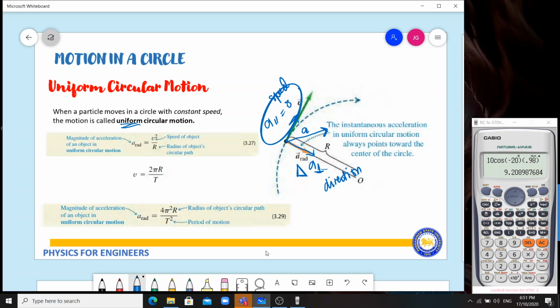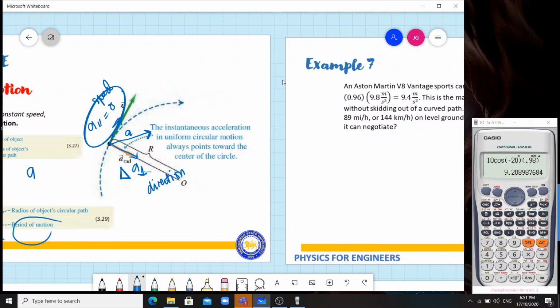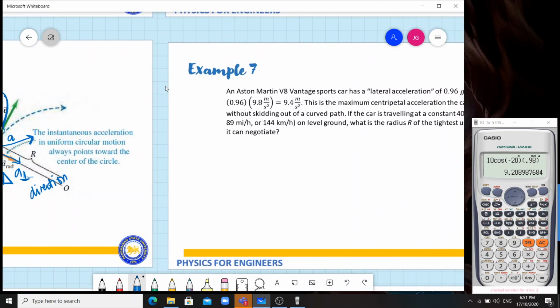The magnitude of acceleration of a particle in uniform circular motion is equivalent to v squared over r, which r is the radius of the object sa circular path and v is the speed of the object. Pwede rin natin siyang i-compute as period of motion, 4 pi squared r over T squared. So, formulas.